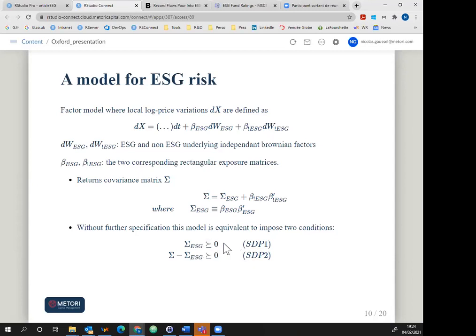At the end of the day, you have two constraints when you want to understand what this covariance matrix of ESG would be. Sigma ESG should be a covariance matrix, so it should be symmetrical and positive definite. And also the difference between the return covariance matrix and the ESG covariance matrix should also be SDP. So you need to find a model where those two conditions hold.